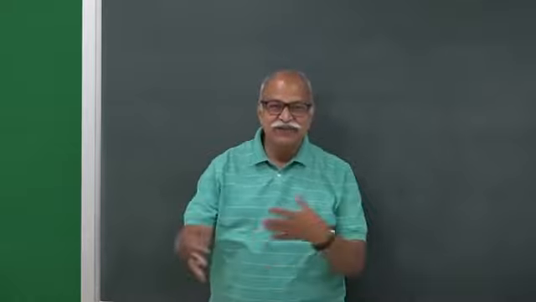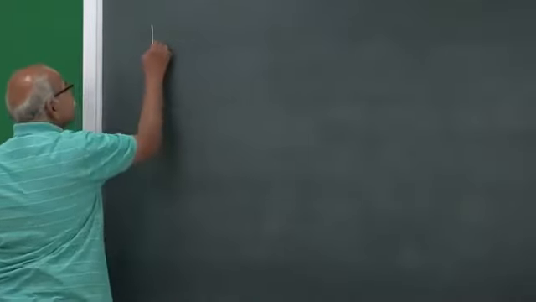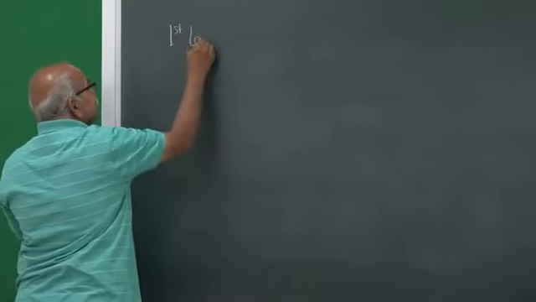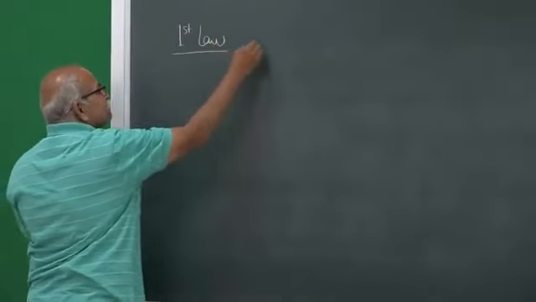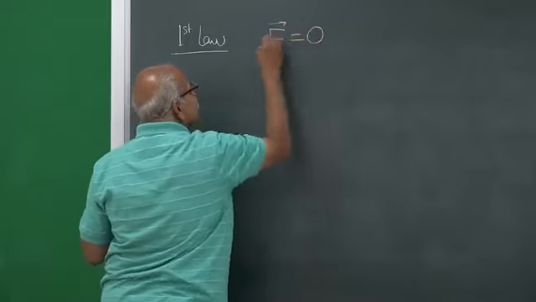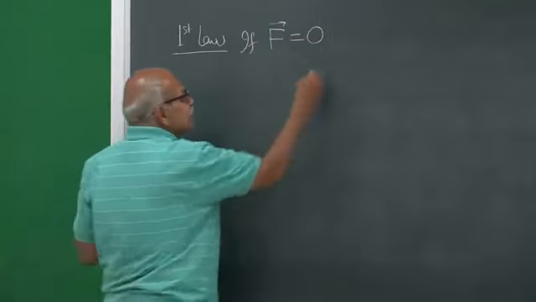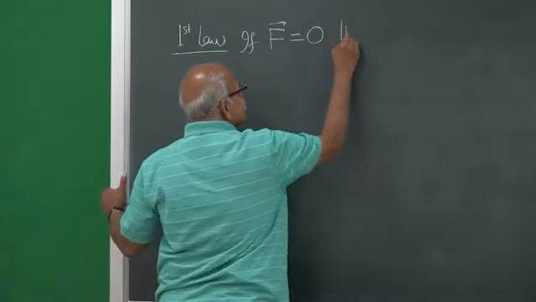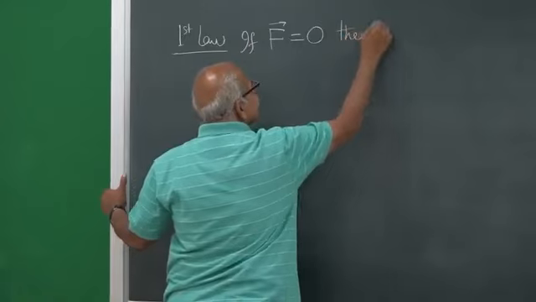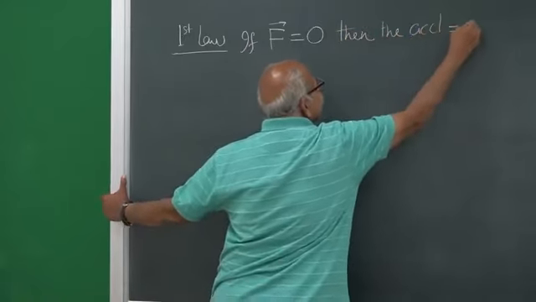In a variety of ways you can state the same thing, but essentially that is the first law: if the force on a particle is 0, then the acceleration of the particle is 0.